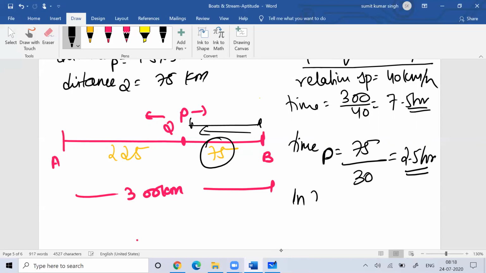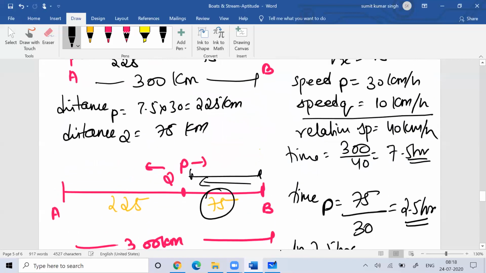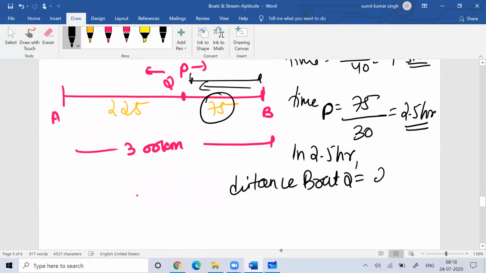Q is going at 10 kilometers per hour, so the distance covered is 25 kilometers.